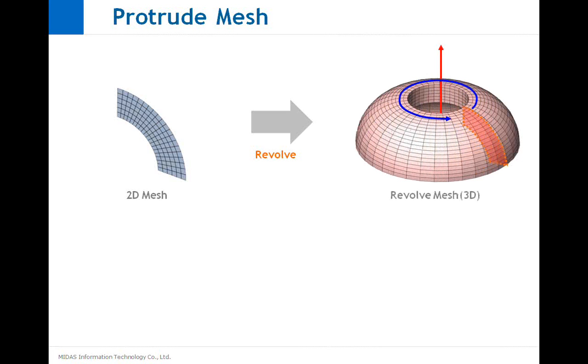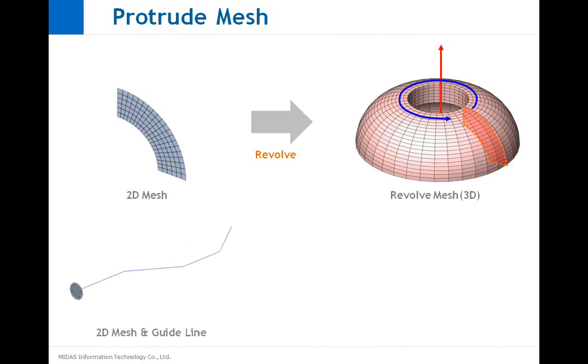So this protruding mesh feature becomes very important in cases where you are not going for modeling the whole geometry first and then doing the meshing. In these cases, you just do the meshing for the 2D cross section, and then you may protrude that mesh to create a 3D meshed solid.